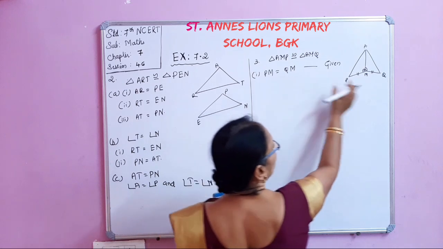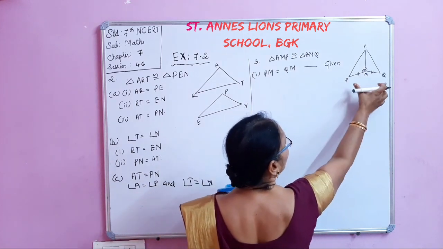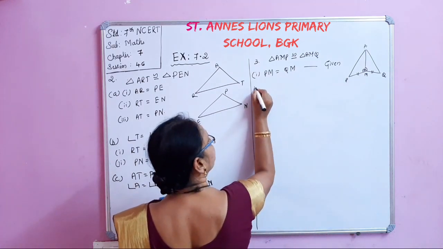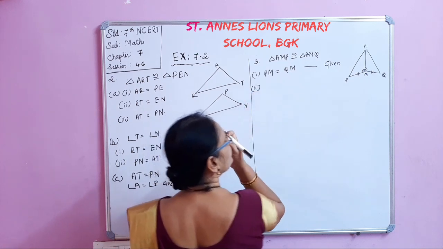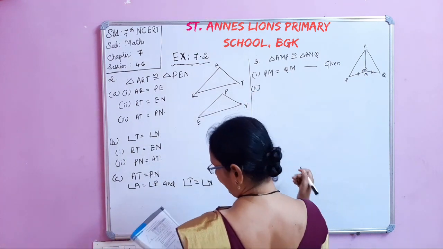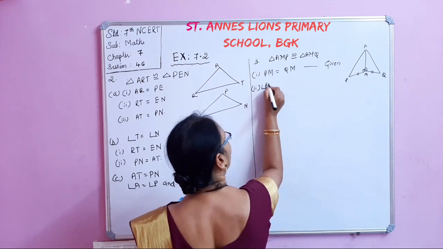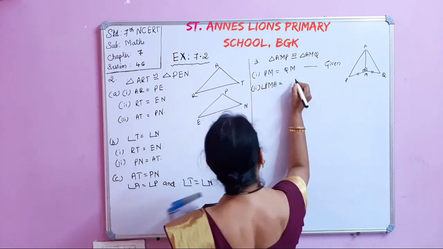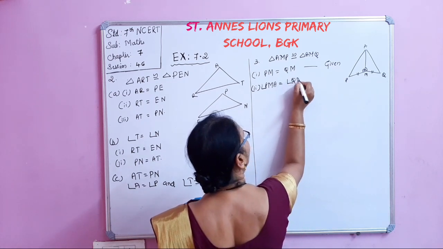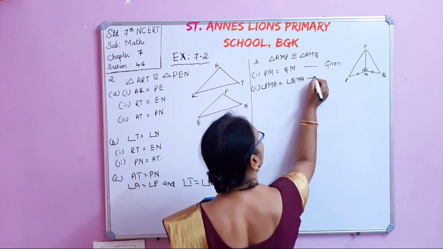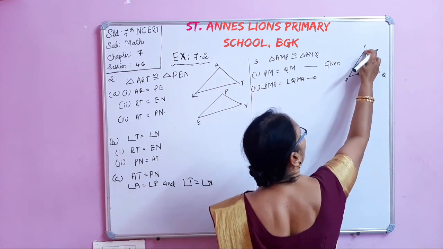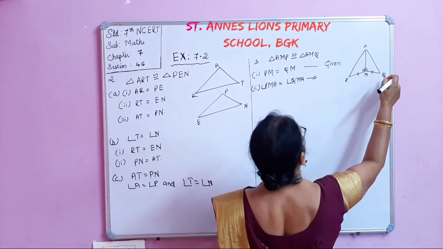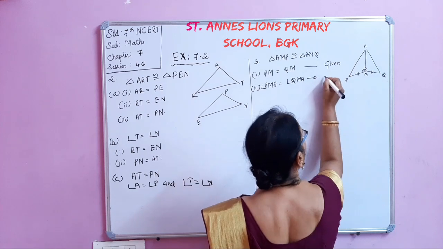So PM equal to QM is given. Where it is given? In the figure it is given. Next thing, angle PMA is equal to angle QMA. That also is given.